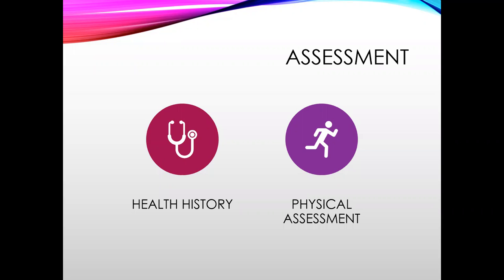And then once we have this information, we might have to do a more in-depth assessment. When we get to religion, if a patient gives you a specific religion, you might have to get very much into their different practices in this assessment aspect.